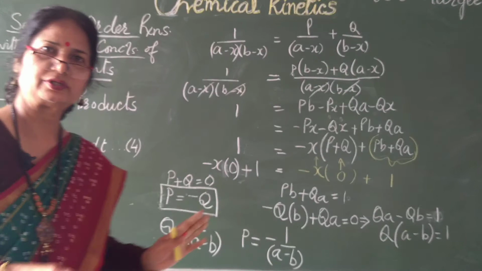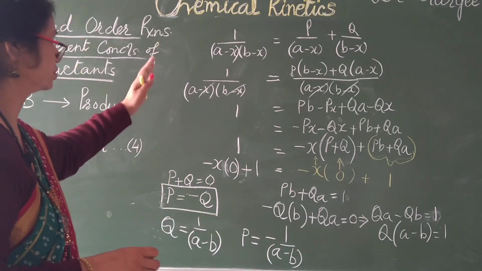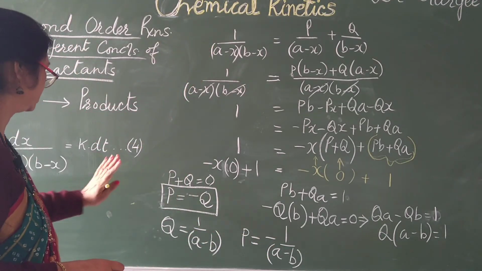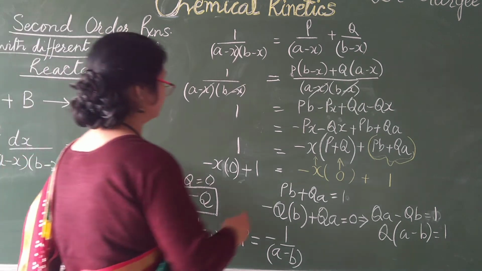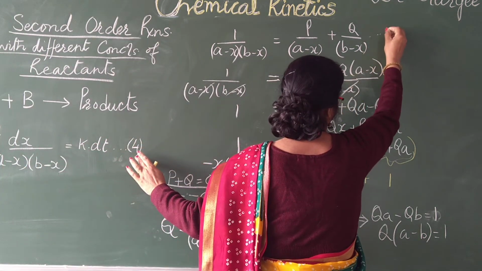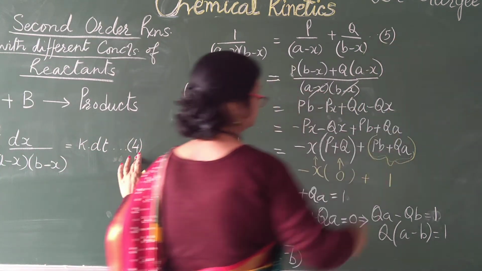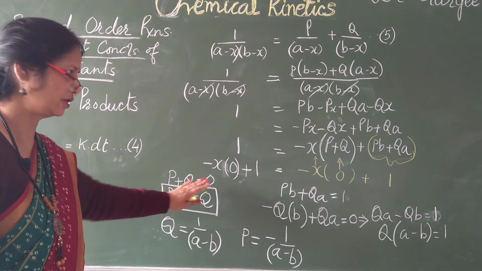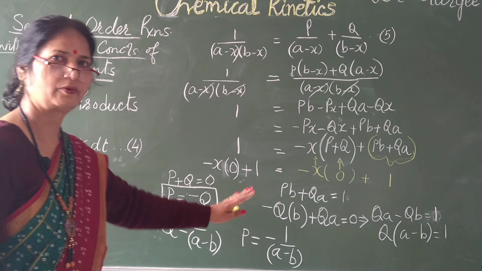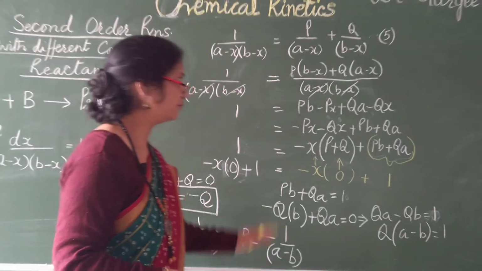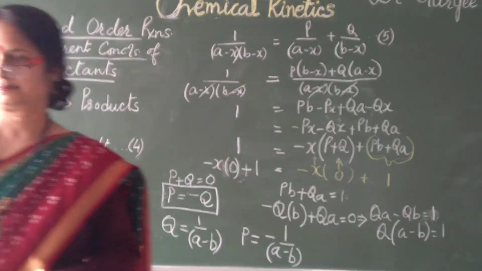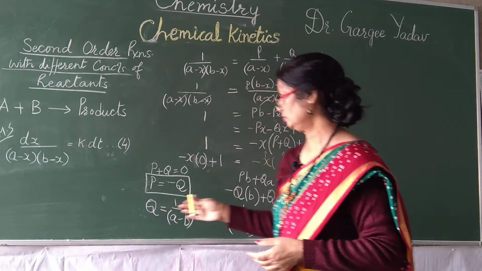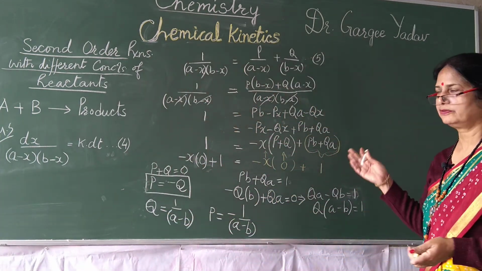Now we will substitute these values of p and q in this relation. Let it be relation number 5. q is 1 upon a minus b, and p is minus 1 upon a minus b. Let us substitute in equation number 5.